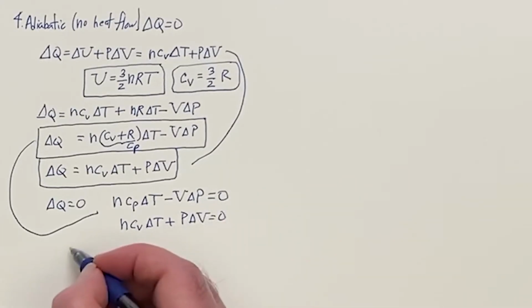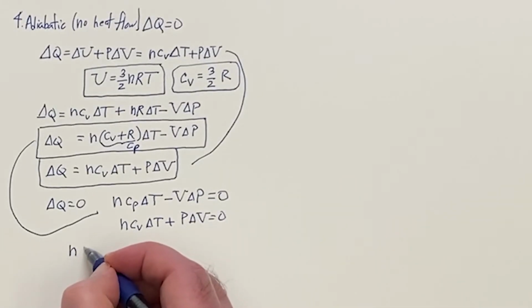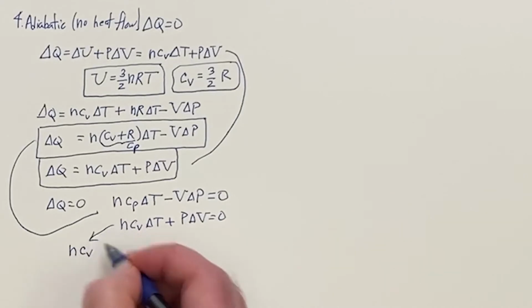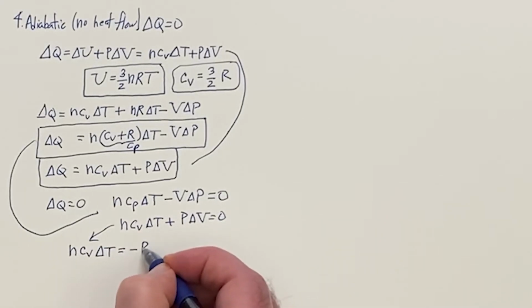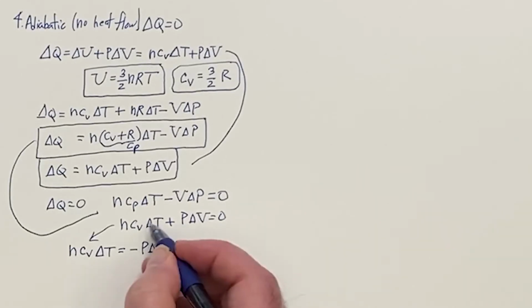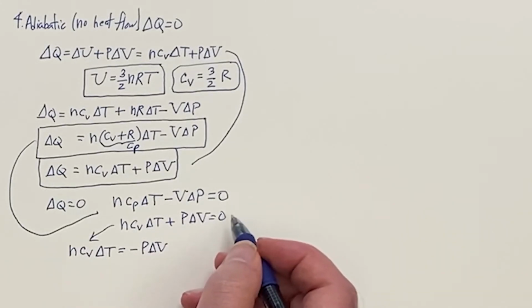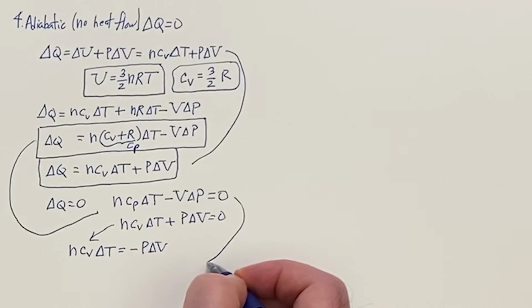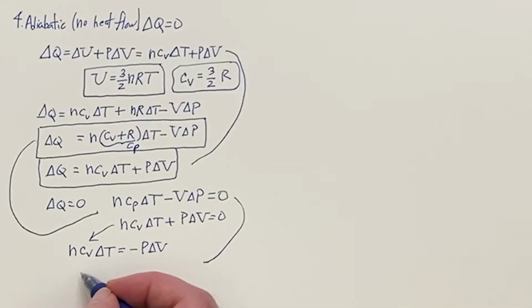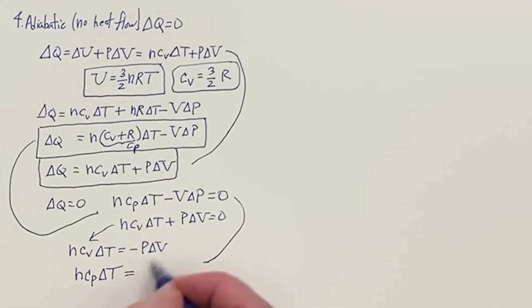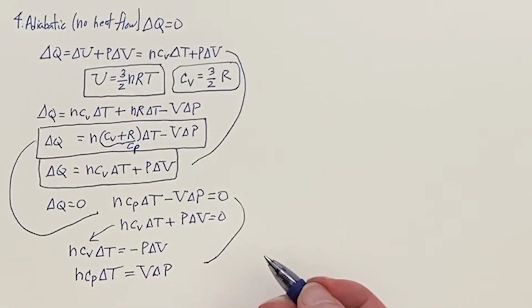Let's do something else. Let's do n CV delta T equals minus P delta V. Just subtract this on the other side. Then for this other one, n CP delta T, put this on the other side, is V delta P.